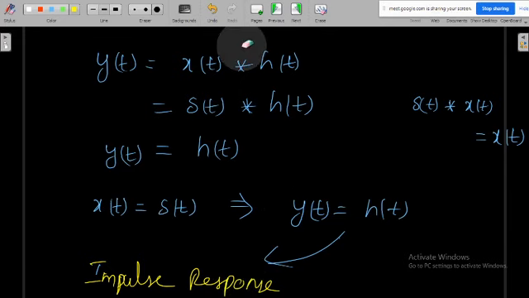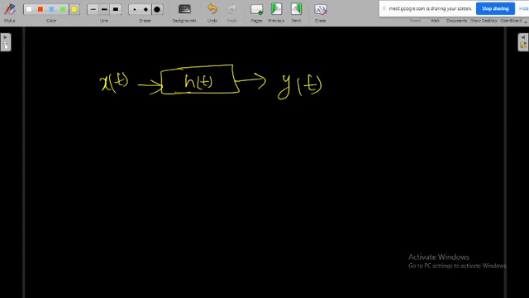Again, in future you will be studying what the step response is. For example, say the system is h of t, the input is x of t and the output is y of t. In general y of t is equal to x of t convolution with h of t.